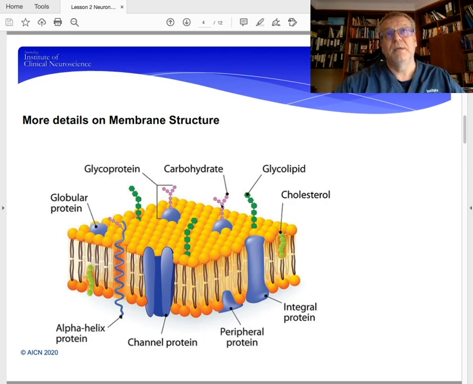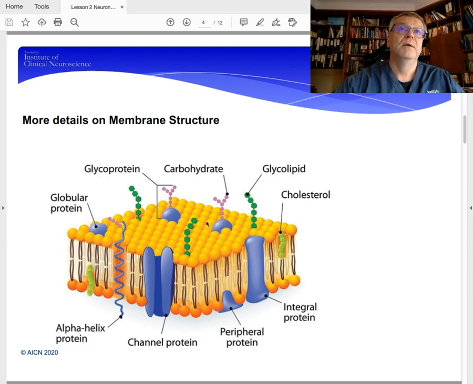So for instance, if an immune system cell comes in contact with one of your body cells, it needs to know, is it self or is it something else? And these glycolipids and glycoprotein structures are important in delineating that. That's just one of their functions.